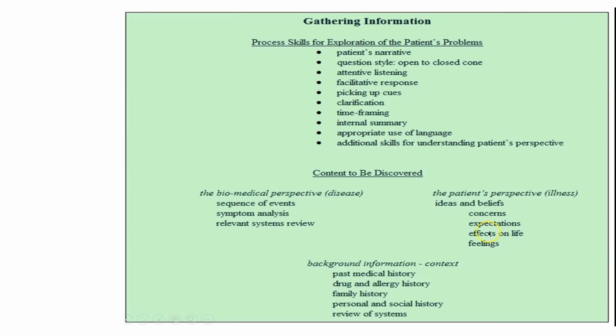You have to be present when you listen to the patient, and you need to show the patient that you're listening to them. You can use verbal or non-verbal cues, for example, reflective listening. You just tell them, you mentioned you have a headache, and so on. So you're just repeating what they're saying, or you can reflect on their emotions.